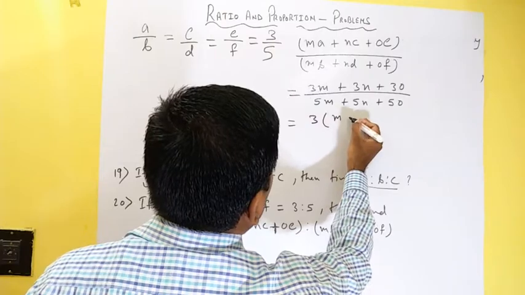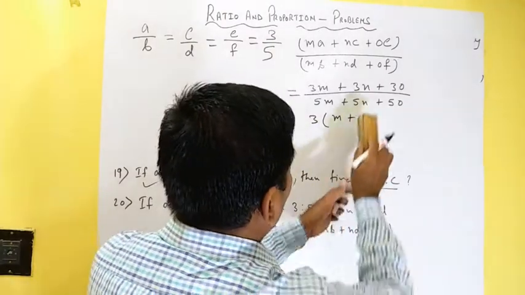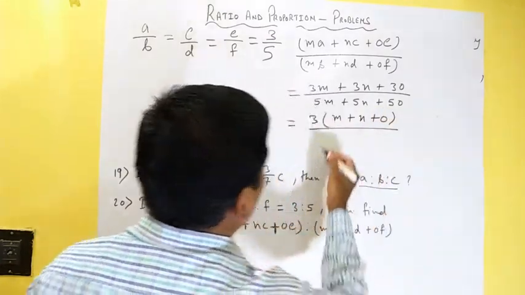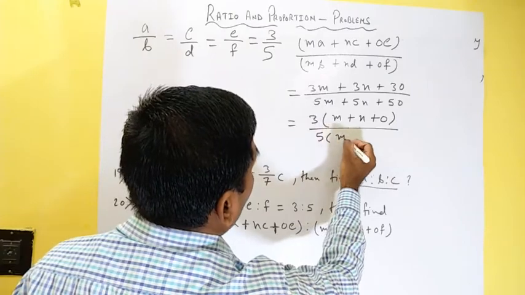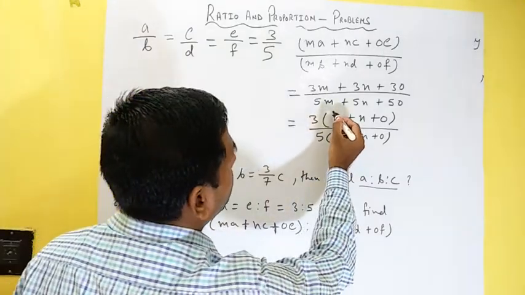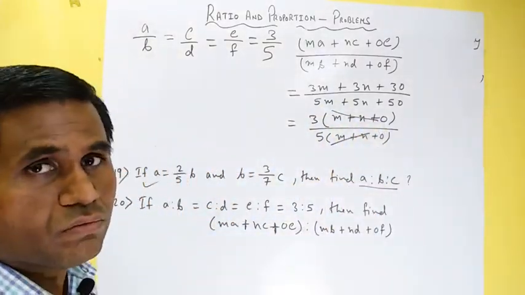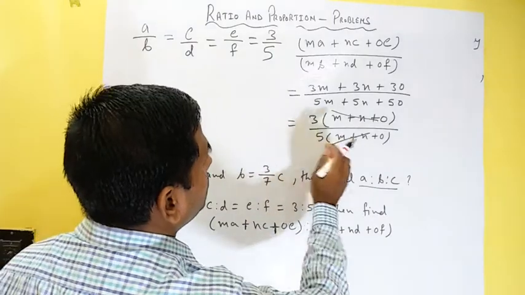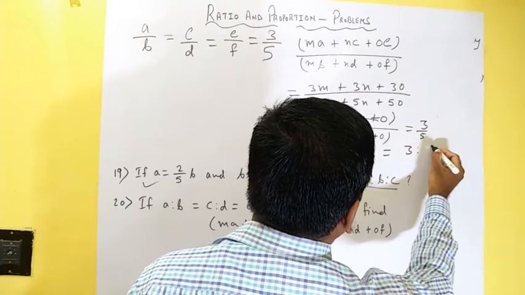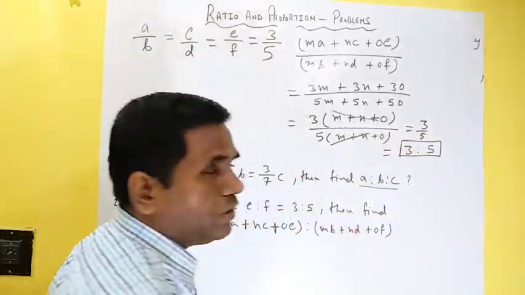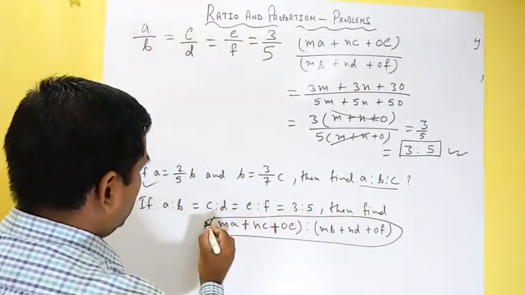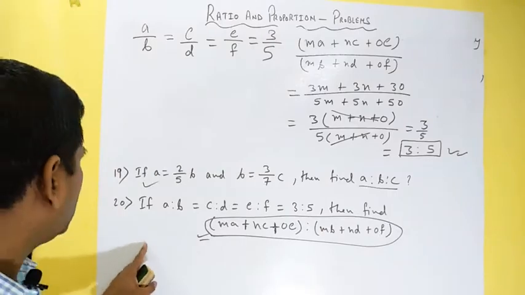In the numerator it will become M plus N plus O, and the denominator, if we take 5 common, M plus N plus O. So we can cancel M plus N plus O from this fraction, and this will become 3 upon 5, which can also be written as 3 is to 5. So this is the answer. 3 is to 5 is the required ratio. So we have solved this last problem also.